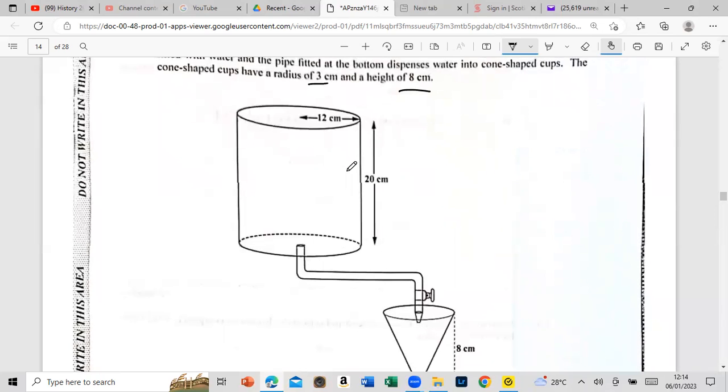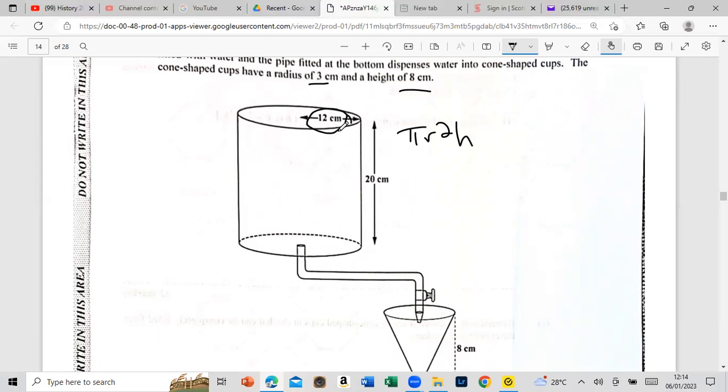So the volume of any 3D shape is the area of the base times the height. This is circular, so we're gonna use pi r squared times the height. It didn't tell us what to use for pi.